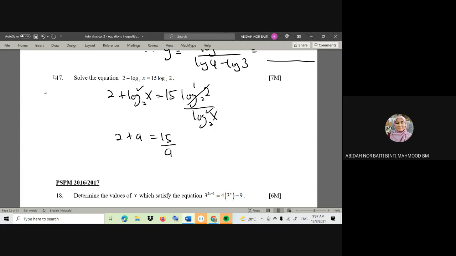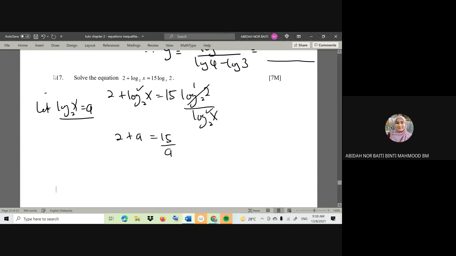15 over a. Let log x base 2 equal to a. And then we times all with a: a squared plus 2a minus 15 equal 0. Then we factorize.